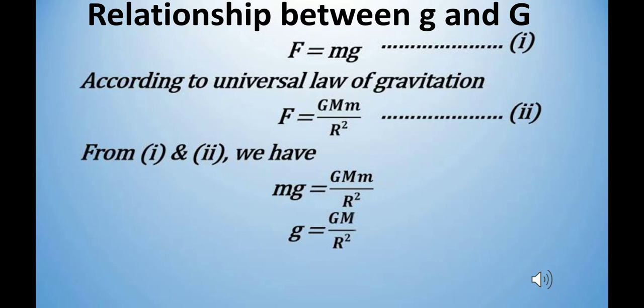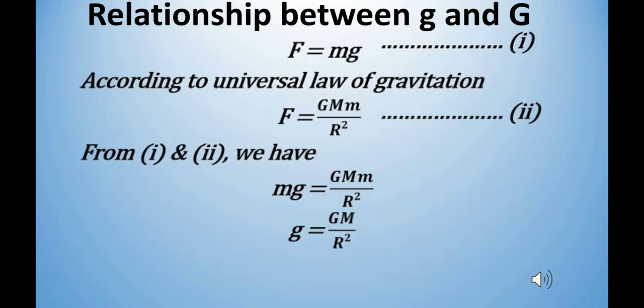So here we have the relationship between small g and capital G. What is small g? Small g is acceleration due to gravity, and capital G is the universal gravitational constant. Now, small g comes from the formula F is equal to mg. We know that F is equal to ma, and in the case of acceleration due to gravity, F is equal to mg. Now, according to the universal law of gravitation, F is equal to G capital M small m by r square, because we have capital M as the mass of Earth and small m as the mass of the object.